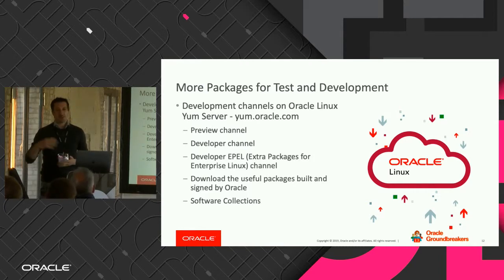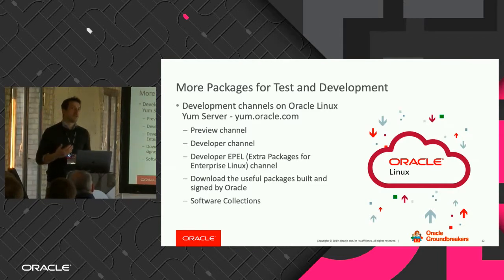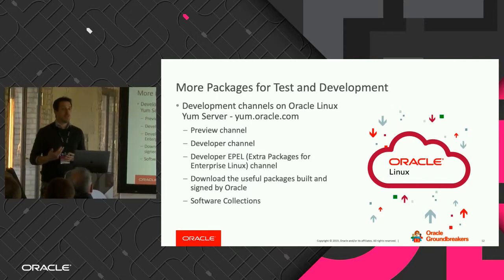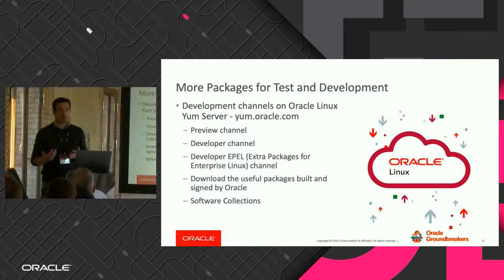You know, there are so many public EPEL channels available. We decided to have our own because at that point you will be sure that the software you are downloading is coming from an enterprise company like Oracle and not maybe from some hacker, right?